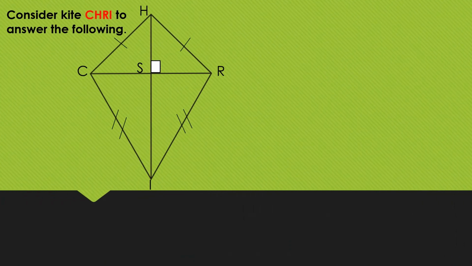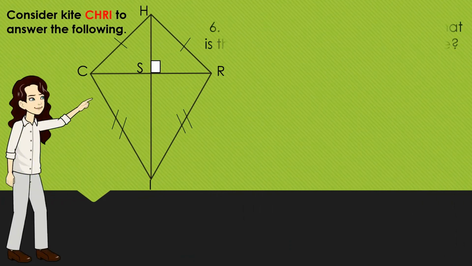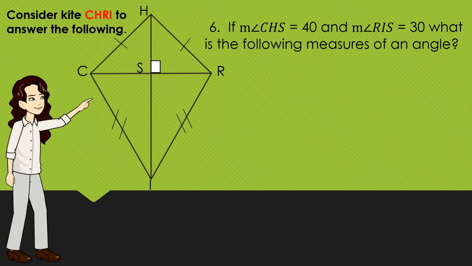Okay, another one. Same given. So number 6. What is the measure of angle C plus measure of angle H, measure of angle R, and measure of angle I?